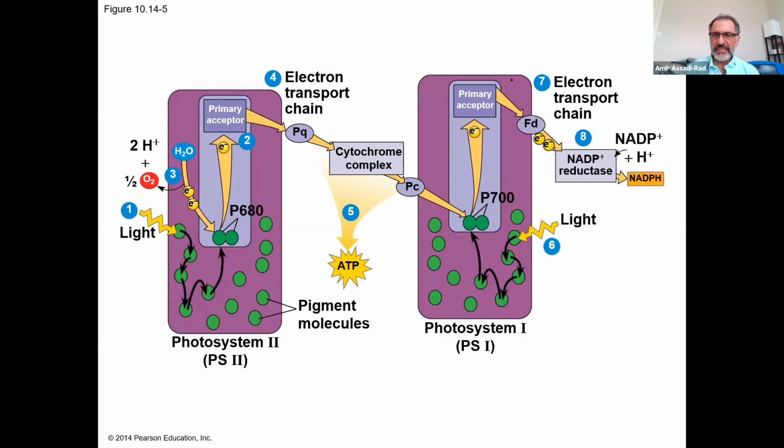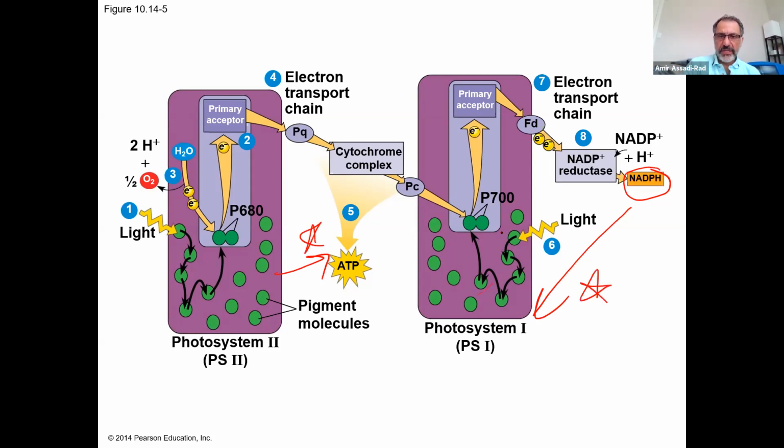And then during that stage, NADPH is made. Okay, NADP becomes NADPH. So again, you should know this. During photosystem 1, NADPH is made. During photosystem 2, ATP is made. Okay, important. You should know those.